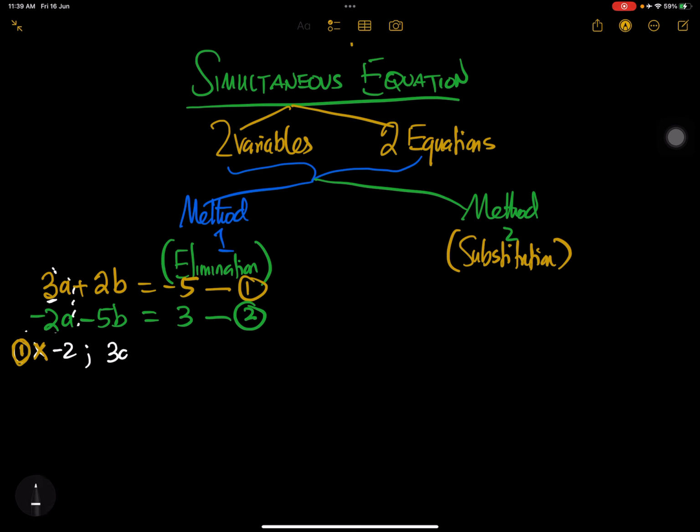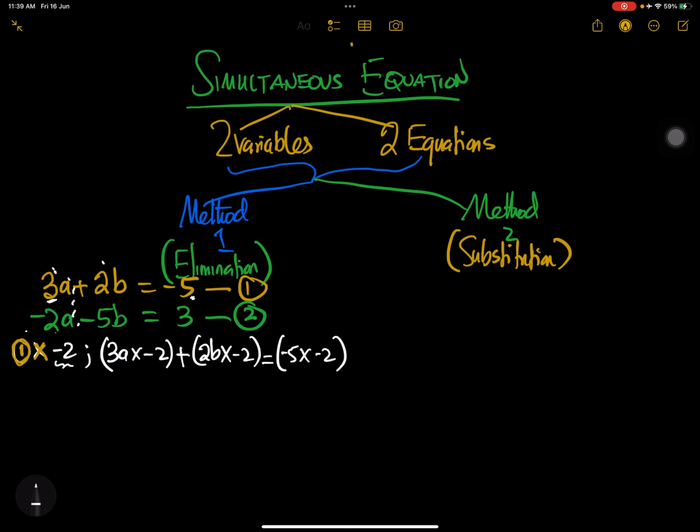It's going to be 3a multiplied by negative 2. I hope you agree. We can put it in parentheses. Plus, the next one is 2b. You take 2b and multiply by the negative 2. And then it's going to be equal to the negative 5, also multiplied by negative 2, because we are multiplying everything in equation 1 by negative 2.